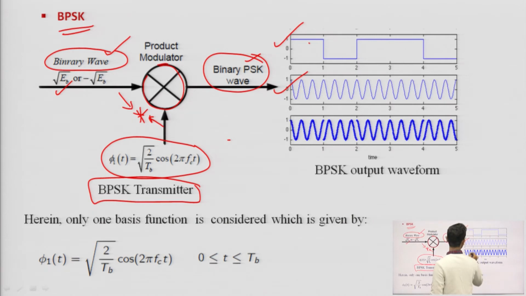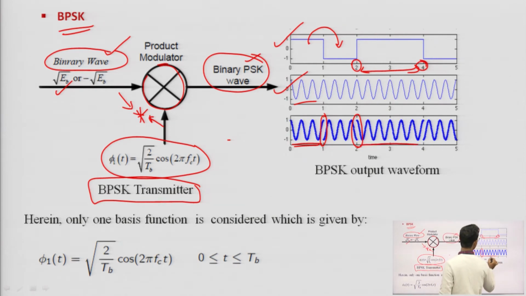For 1 this is the same carrier, and after the transition from 1 to minus 1, the phase is also reversed. Again, for 1 to 2 this transition is a phase reversal, and from 2 to 4 there is no change of bits, so there is no phase reversal. At the point where the bit changes, the phase changes. We have already seen this in the previous slide.